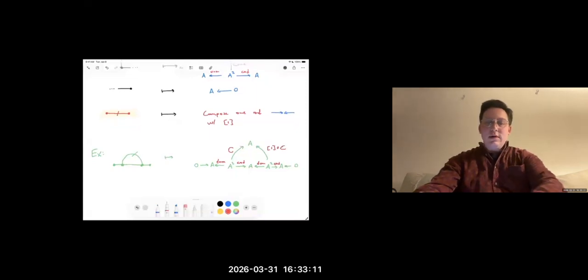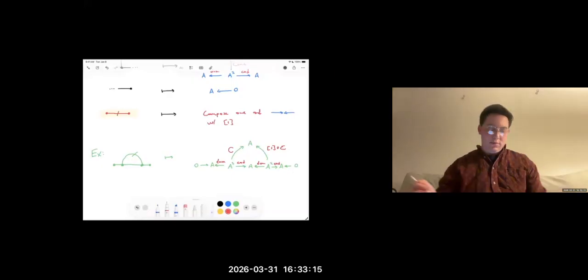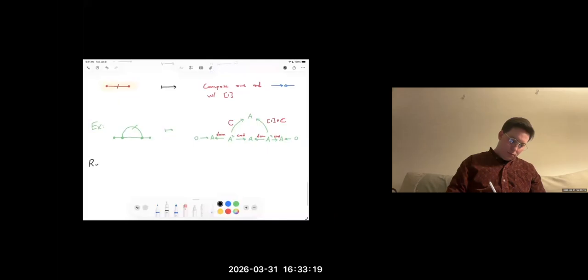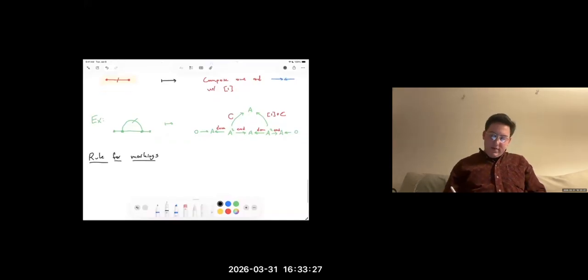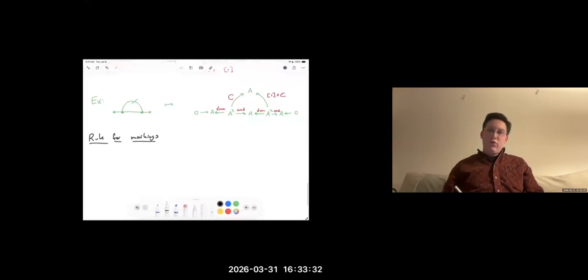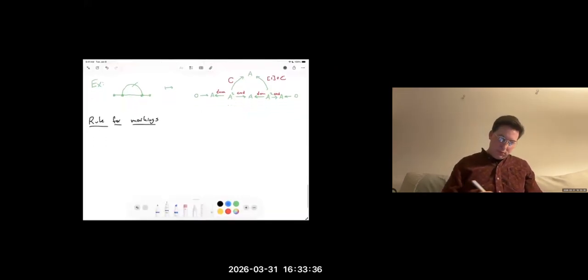Let me now say what the rule is for the markings. So here's the rule. Let me give a suggestive picture that basically will explain the rule without having to say too much. It looks like this.